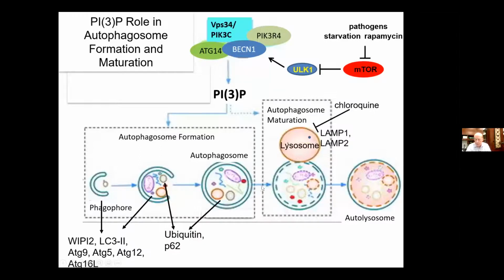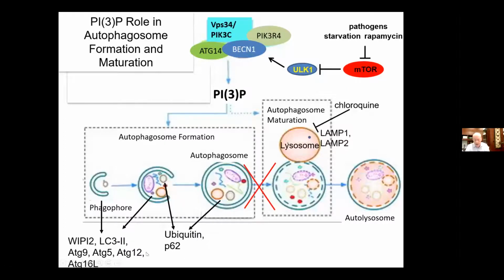But the final thing I want to say in this slide is that when we knock out PI3P through deletion of VPS34, the one step in this process that is unquestionably blocked is the fusion of the autophagosome with the lysosome. And you get accumulation of all of these markers, and you get accumulation of LAMP1 and LAMP2.